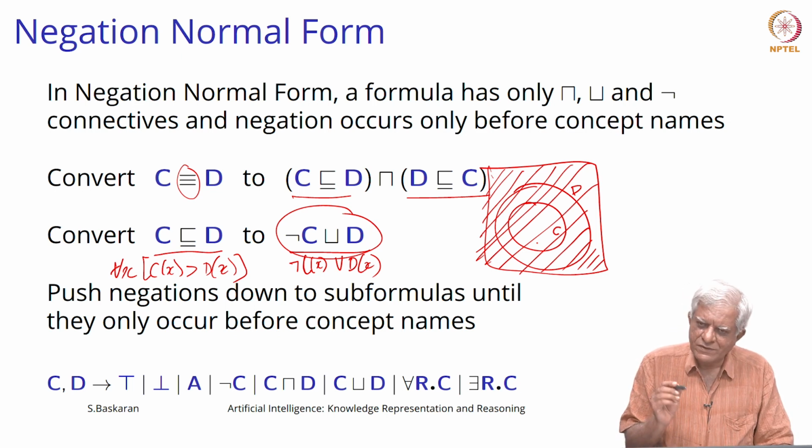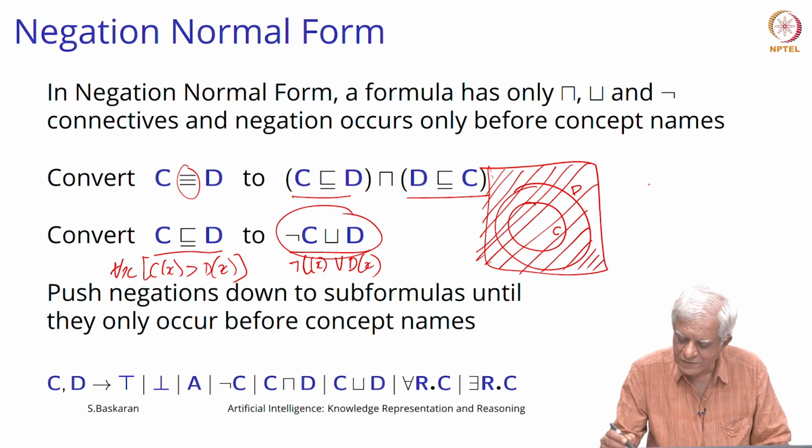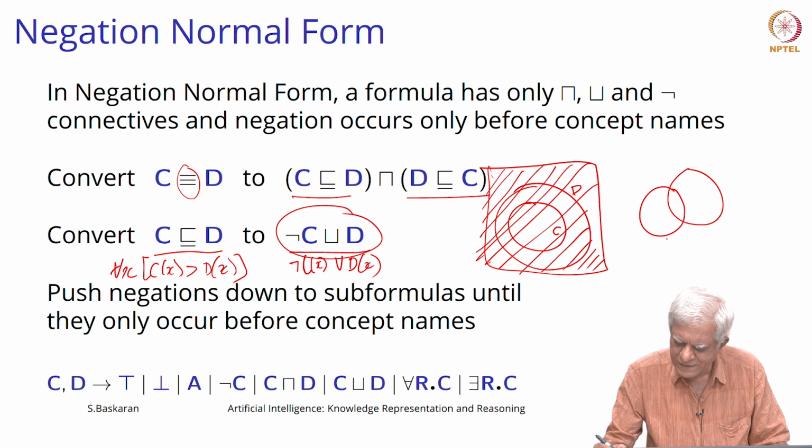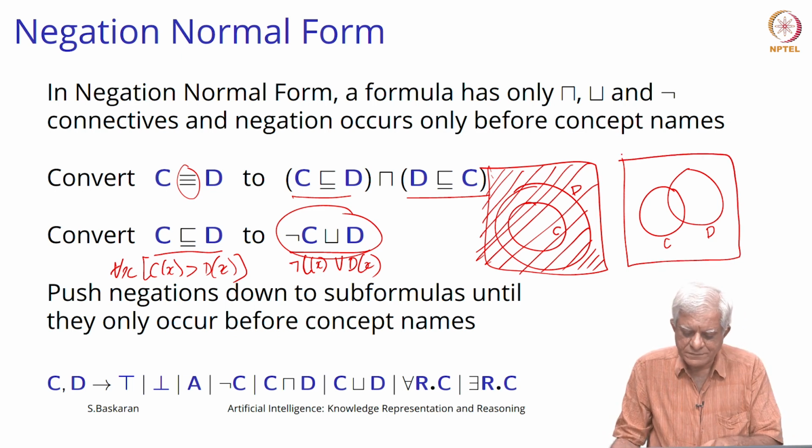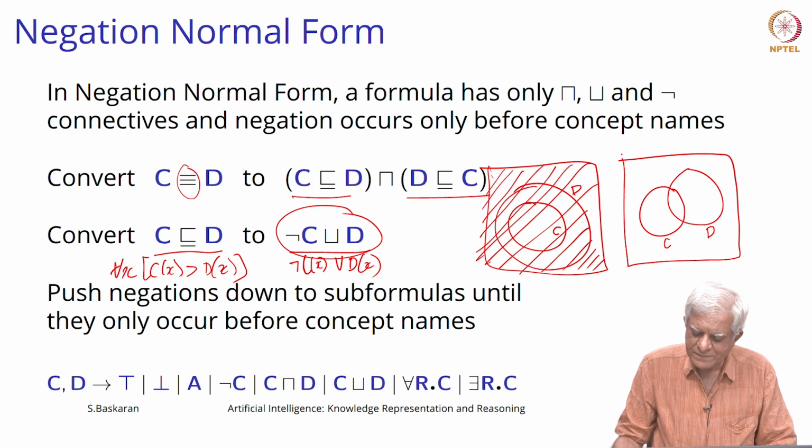What if C was not subsumed by D? If C was not subsumed by D, then it could possibly be something like this. So, this is C and this is D. Now, what does our concept denote?